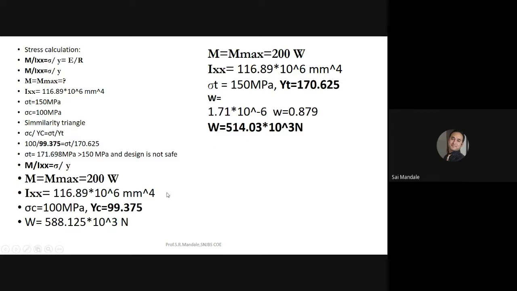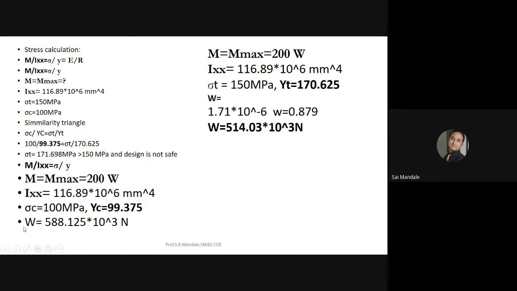The minimum value of W is the safe value. We have to calculate the value of W, and the minimum value of W, 514 kilonewton, is the safe value. It is that easy. Is there any doubt for this session?